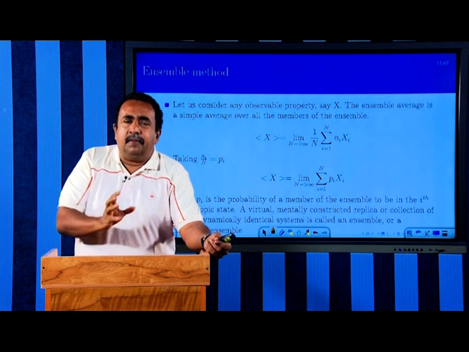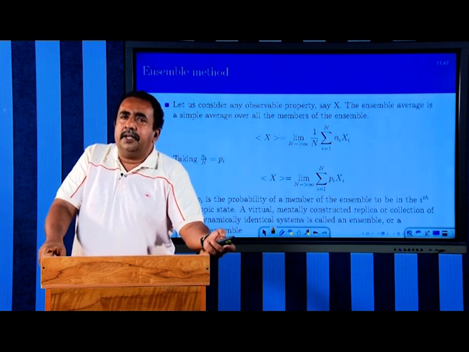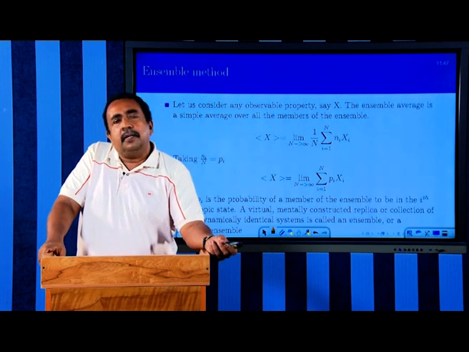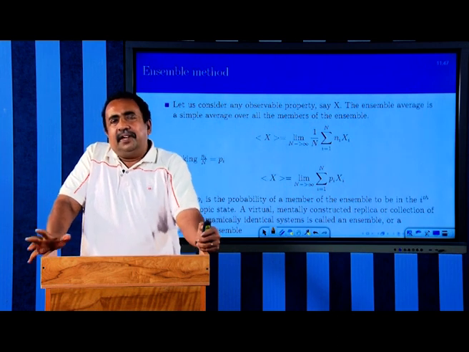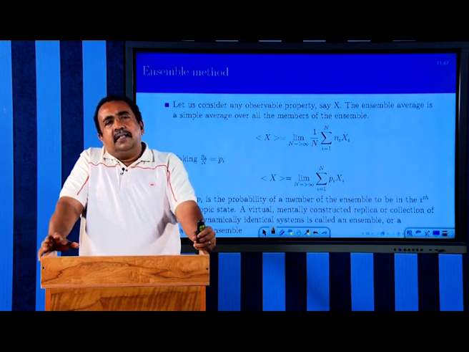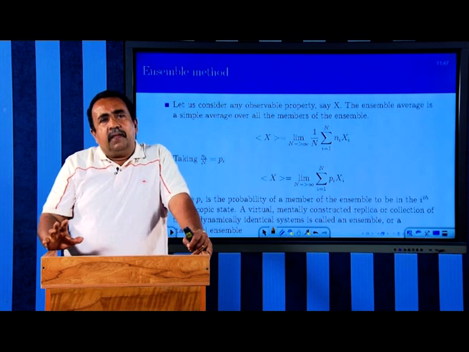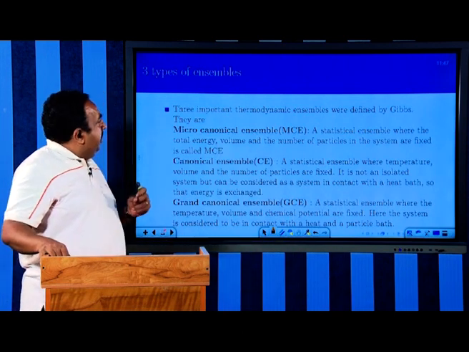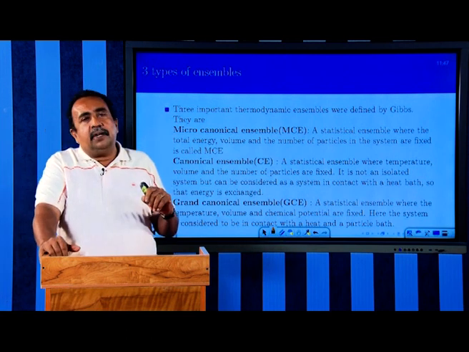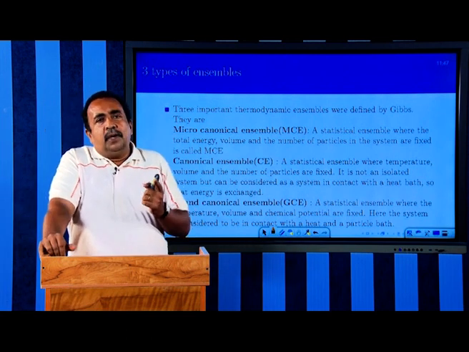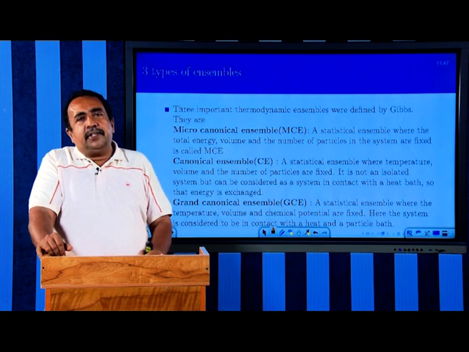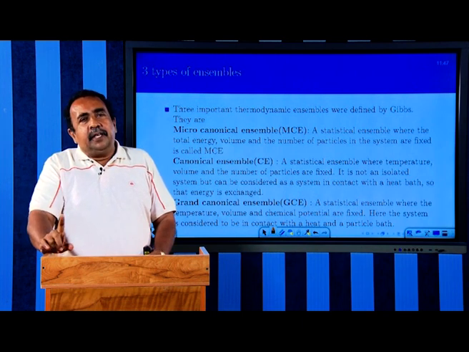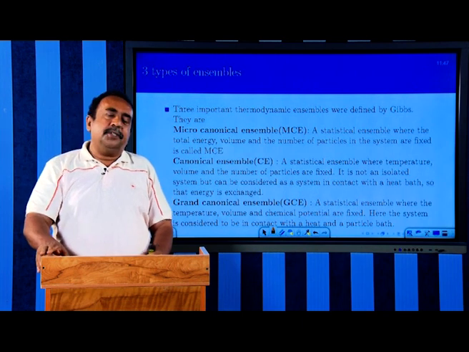He kept temperature, volume and chemical potential constant, and then he found the probability. The first method is called the microcanonical ensemble, where energy, volume and number of particles are constant. The second is temperature, volume and number of particles constant, and the third is temperature, volume and chemical potential constant.